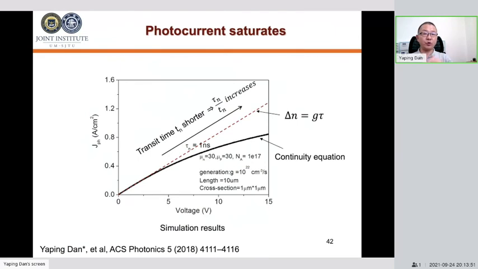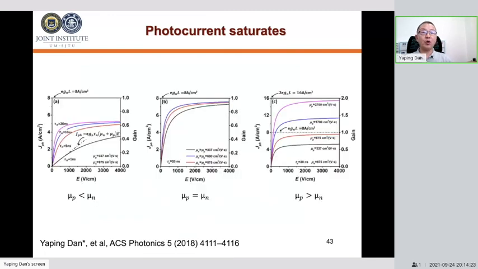So when you calculate the photo current, it does not increase linearly with the electric field, because as you increase the electric field, the tilt of the excess carriers will become less. That is the classical theory, and that is the reality. The photo current will tend to saturate as you increase the electric field.